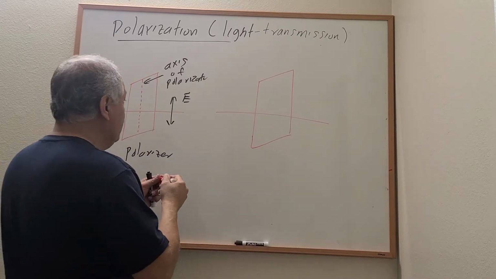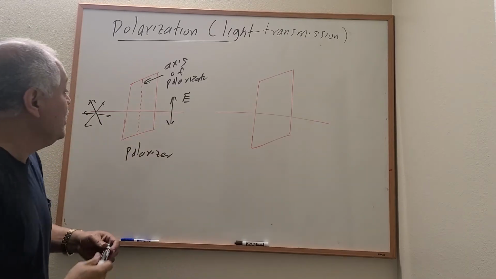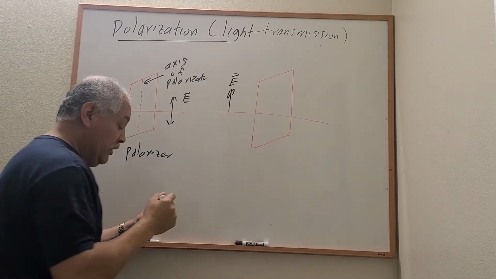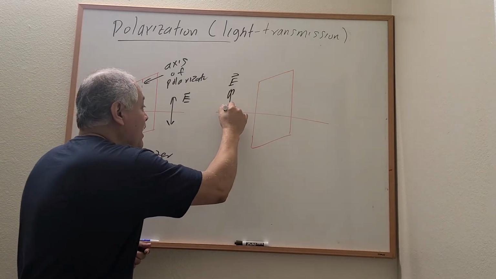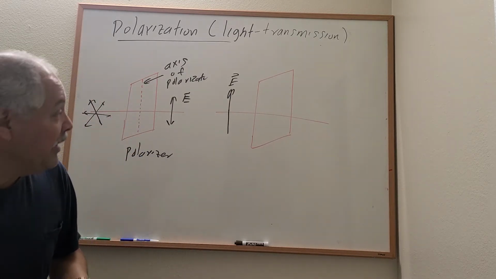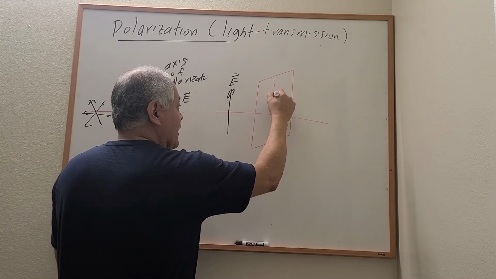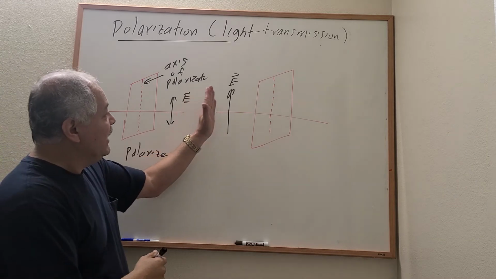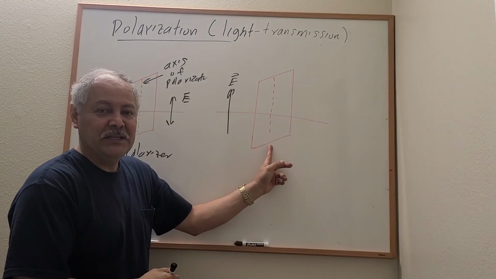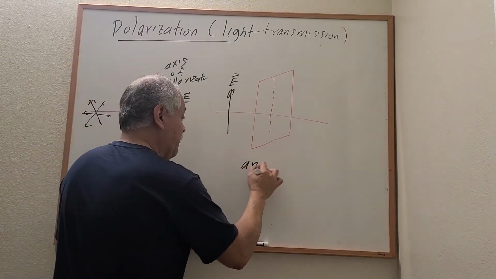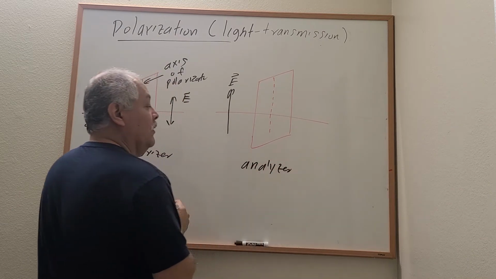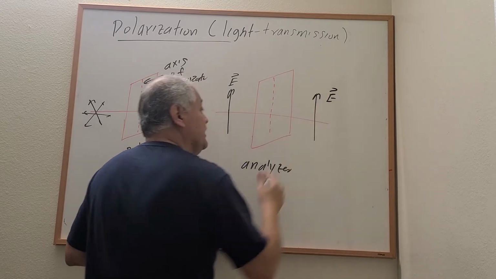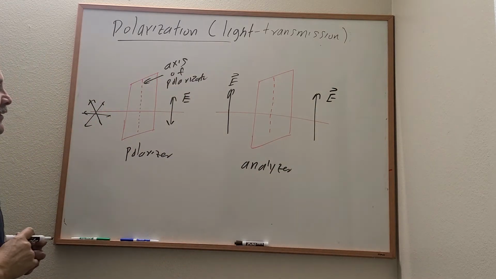And imagine now we use this electric field, which is parallel to the axis of polarization. When that happens, all this light is transmitted through this analyzer, and again all this electric field is transmitted, correct?